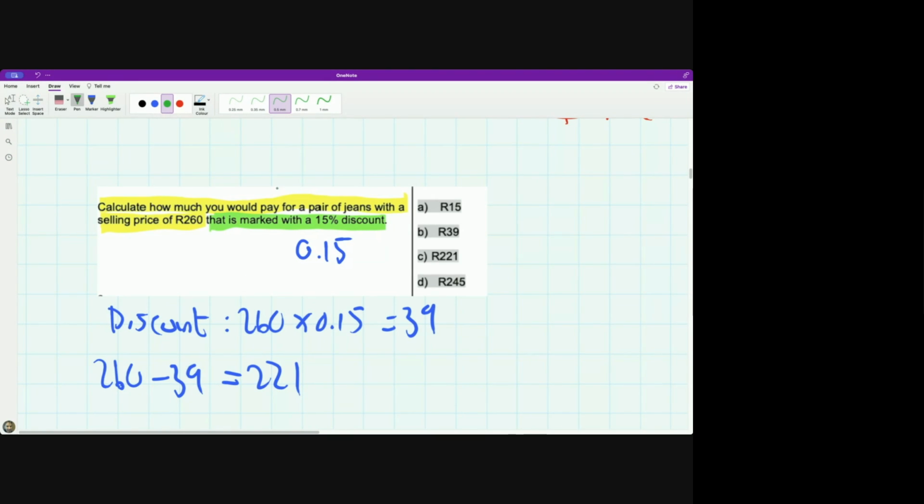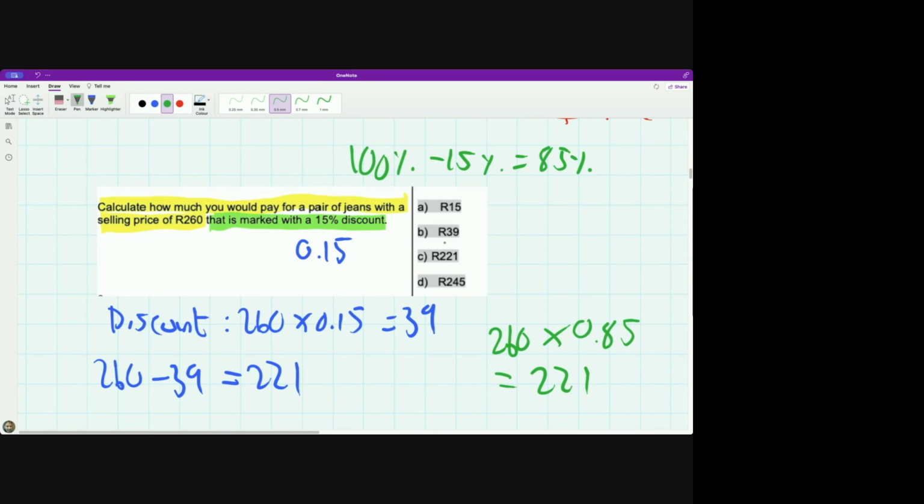The other way of doing this is to say, if I lose 15% and the original was 100%, that's just going to be 85%. So I could start with the original 260, times it by 0.85, and I will get the same answer, 221. And so the correct answer is C.